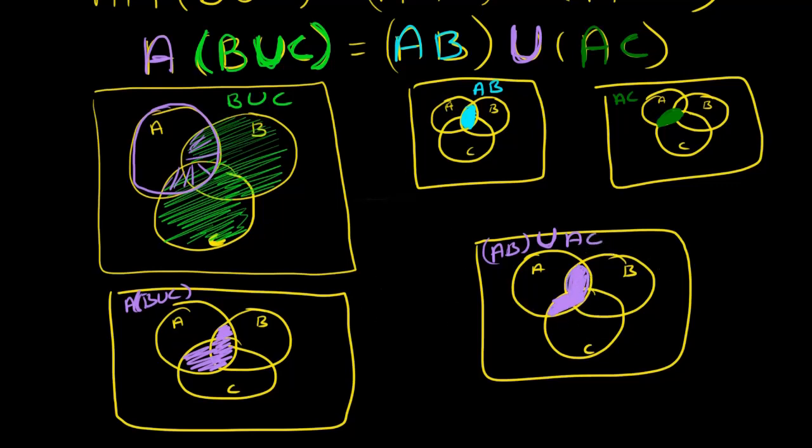Now let's see if we have this relationship, and we see that they are identical. Where I've shaded in is exactly the same. So we have successfully shown using Venn diagrams that A intersection (B union C) is the same thing as (A intersection B) union (A intersection C).